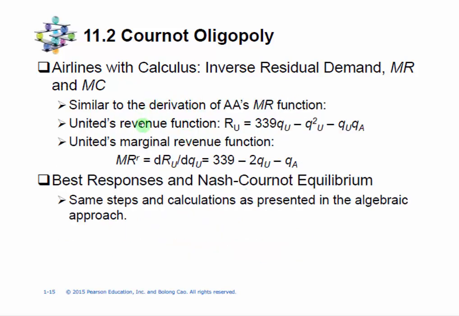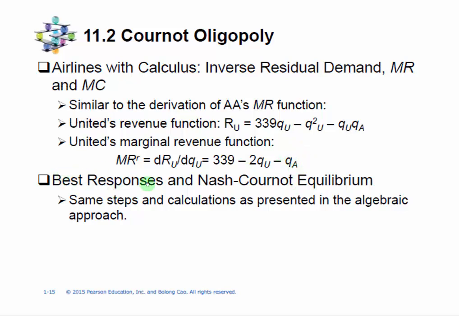Again, because the two firms are basically identical in every aspect, the revenue function for United is 339 times QU minus QU squared minus QU times QA. Then the United Airlines residual marginal revenue function is 339 minus 2QU minus QA.